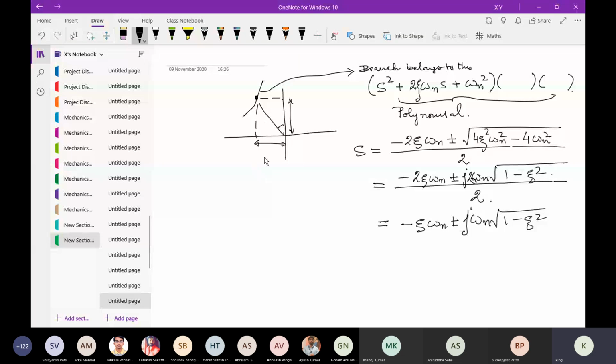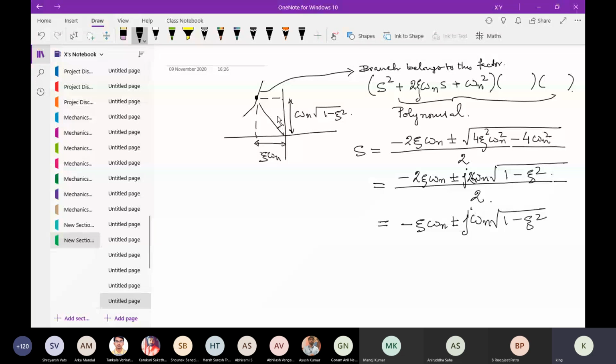For this point, this will measure xi omega n, and this will measure the other part. So what can we conclude from here?